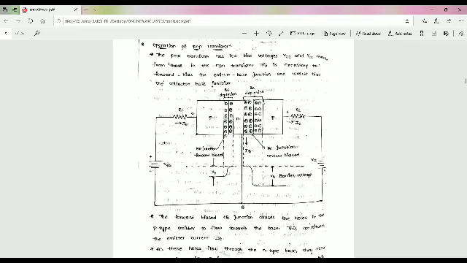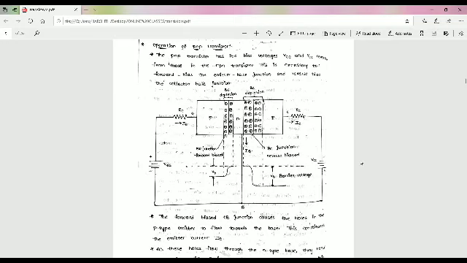The PNP transistor has its bias voltages VEE and VCC reversed from those in the NPN transistors. Okay, this is the VEE and this is the VCC. These two are the biases.